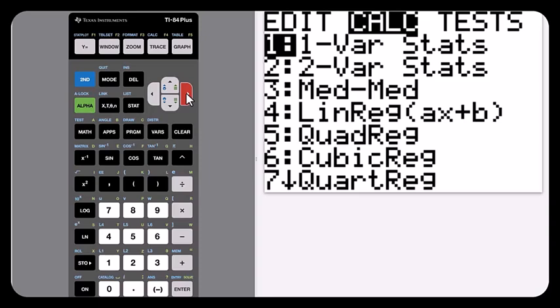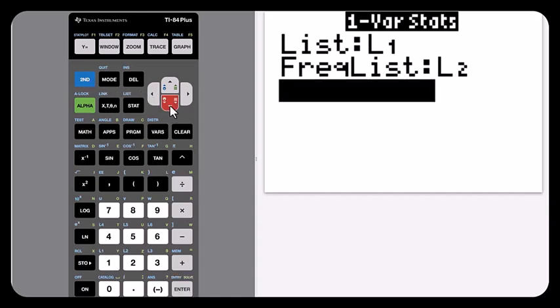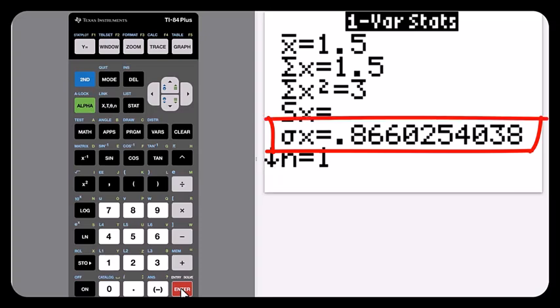Anyway, we're going to choose 1-Var Stats, and we're going to make sure that we have L1 chosen for the list of values, and then we're going to make sure that we've got L2, which contains the probabilities. That's going to be called the frequency list here. In other words, those are the weights that we're going to give to the values in L1. We come down and hit calculate, and here's what we get. Look down on line 5.